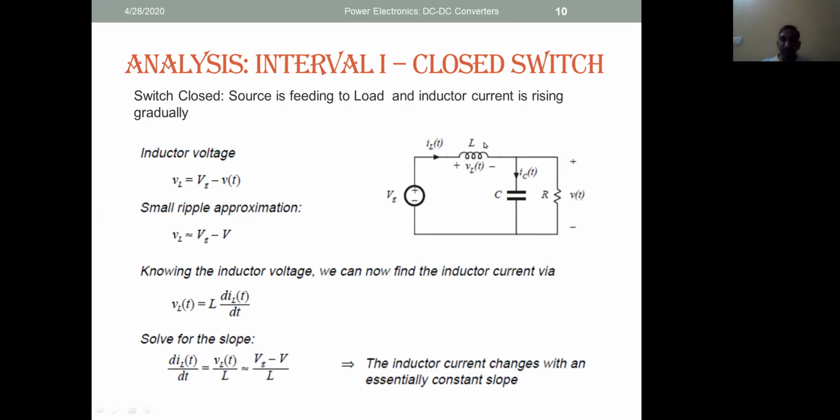In short, vL of t by L. But vL of t is Vg minus v of t, which is approximated by neglecting the ripple as Vs minus V. So Vg minus V over L is the slope of this inductor current. Meaning the inductor current is constantly rising with a constant slope after neglecting the ripple content.